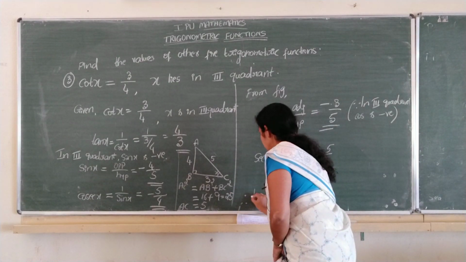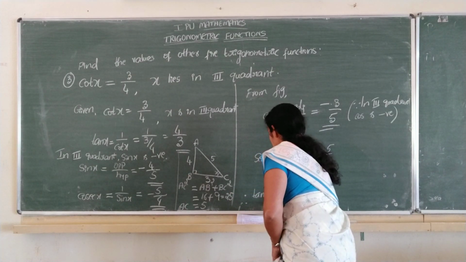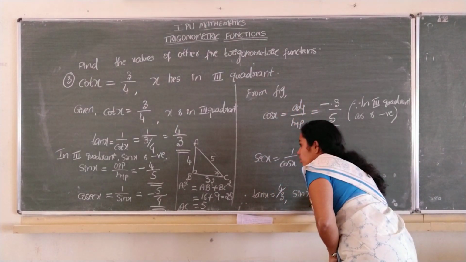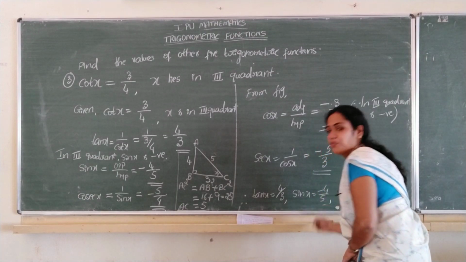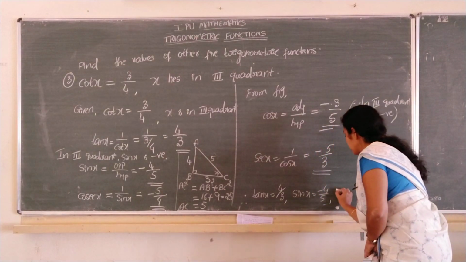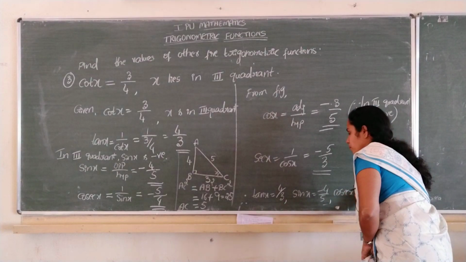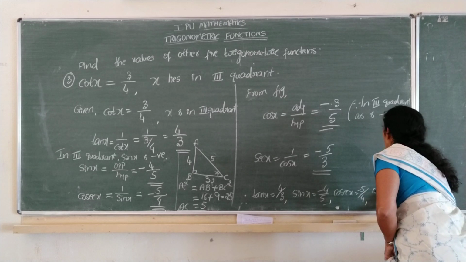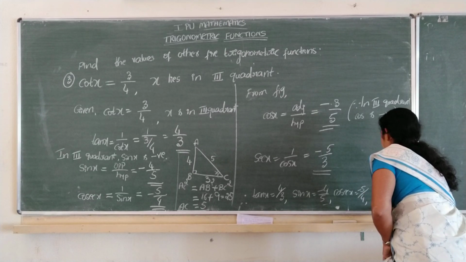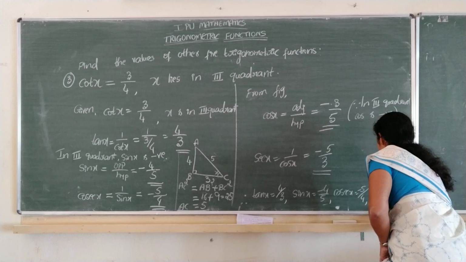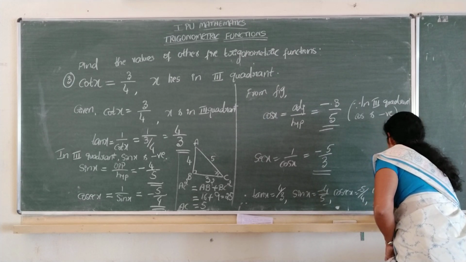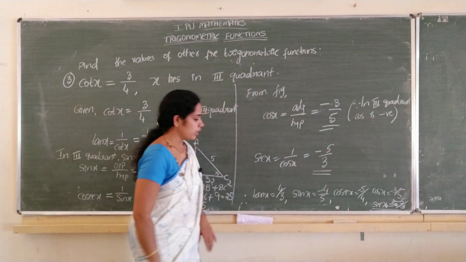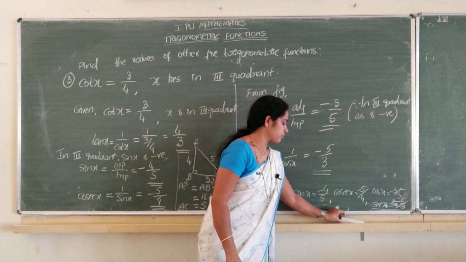Cot x is given, tan x is 4 by 3, sin x is minus 4 by 5, cosec x is minus 5 by 4, cos x is minus 3 by 5 and secant x is minus 5 divided by 3. These are the other 5 trigonometric functions.